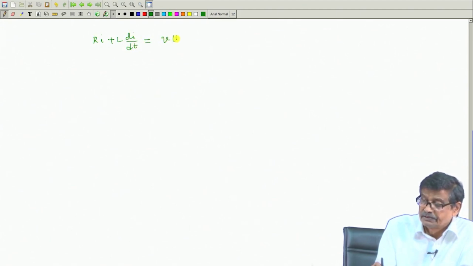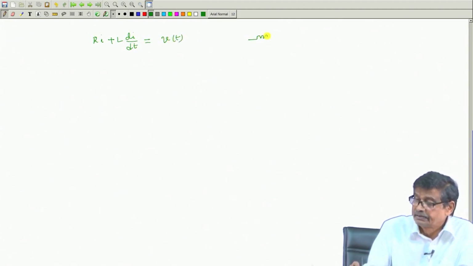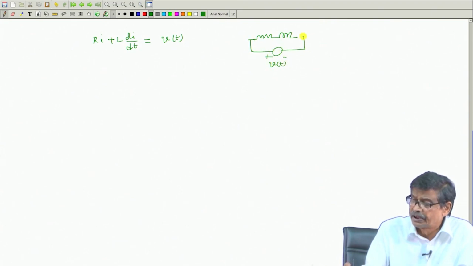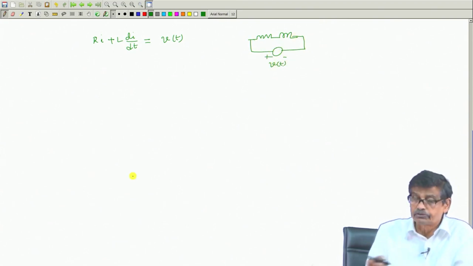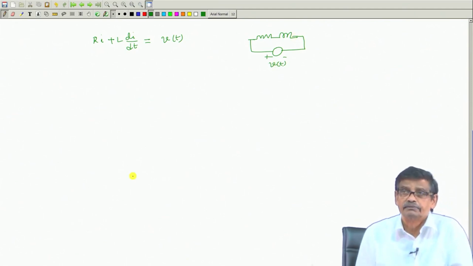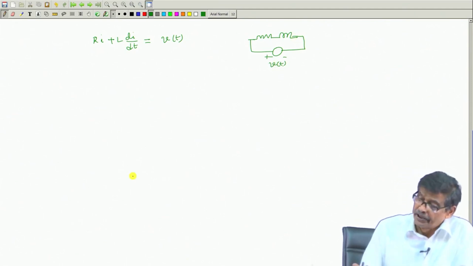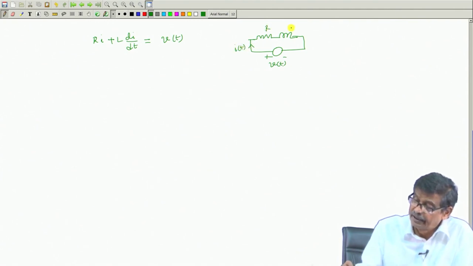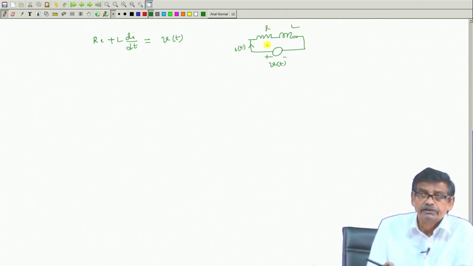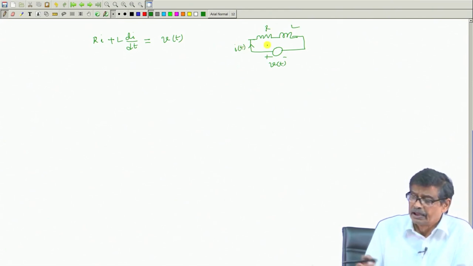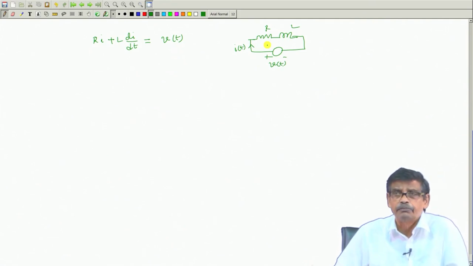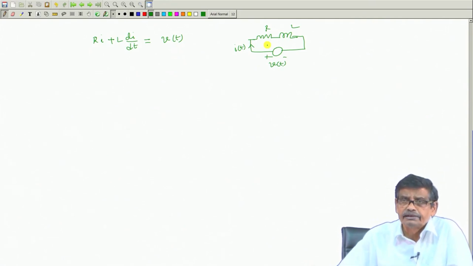This was my V(t), suppose an R L circuit, and this is your V(t). It could be any function of time now, need not be sinusoidal. That is why I am in time domain, I cannot go to phasor domain. If this is the thing, I have to find out this current I. So, I will write down the differential equation and solve it, and I will demand some initial currents must be provided to me, I(0 minus) etcetera, and switching I will do at t equal to 0.